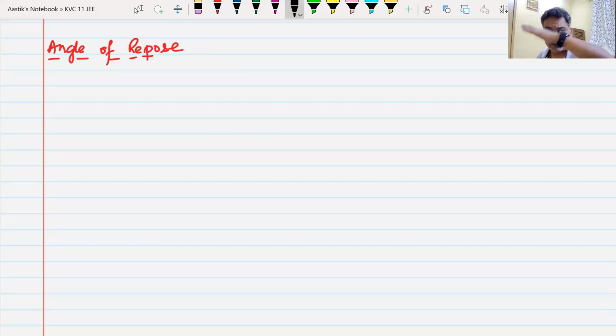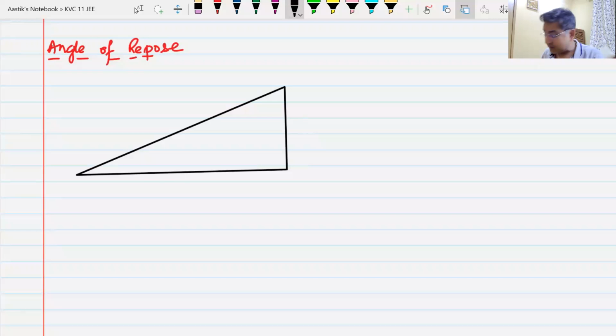In the exact same way in which I conducted this experiment, you will slowly start increasing the angle of inclination, and at one point it will start to move downwards.